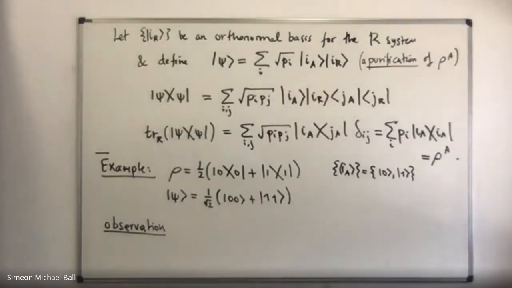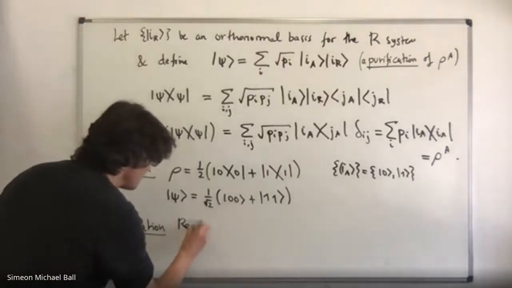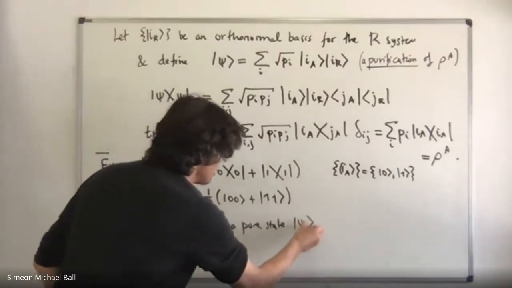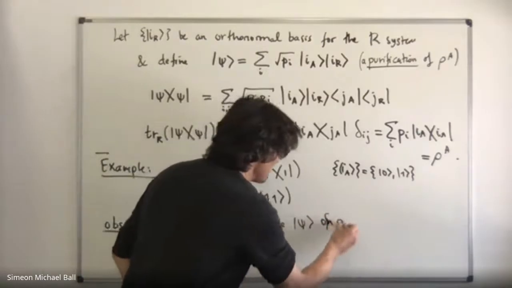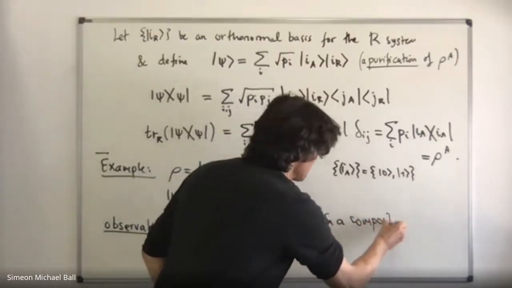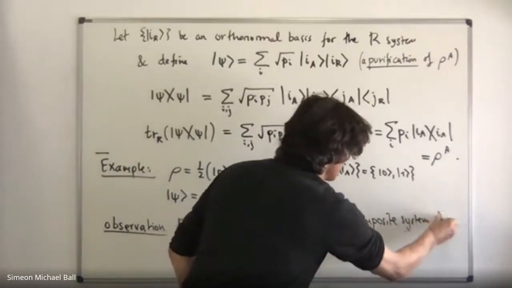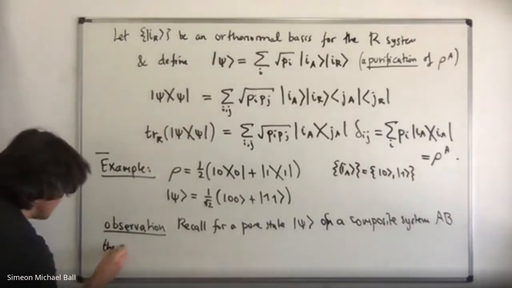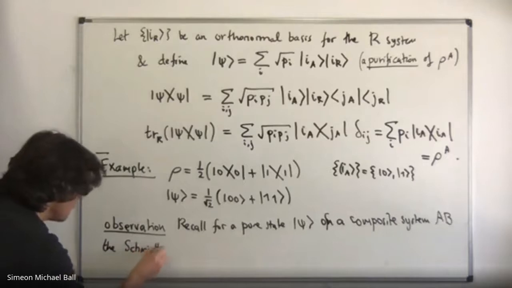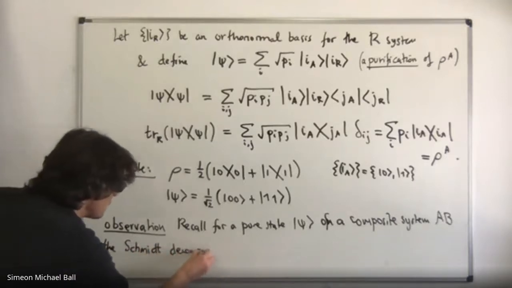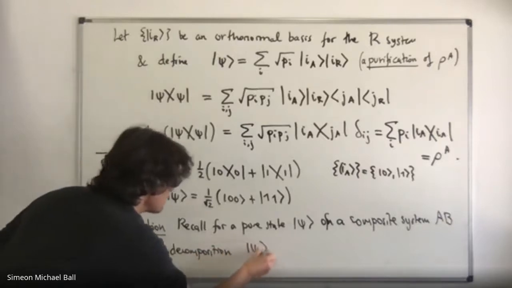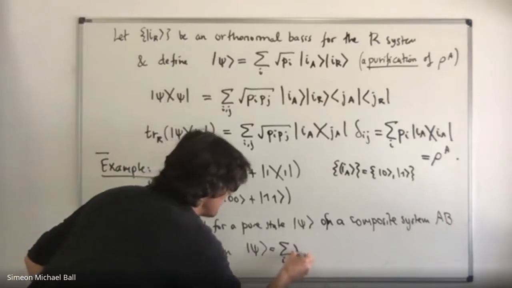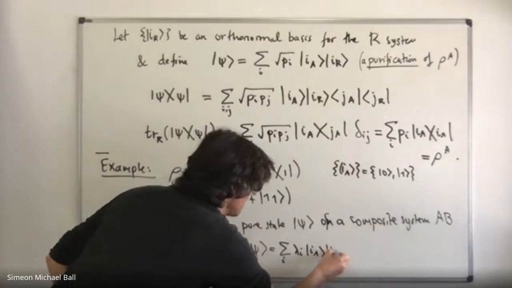If you recall, for a pure state on a composite system, the Schmidt decomposition was the sum over i of lambda_i |i_A>|i_B>.